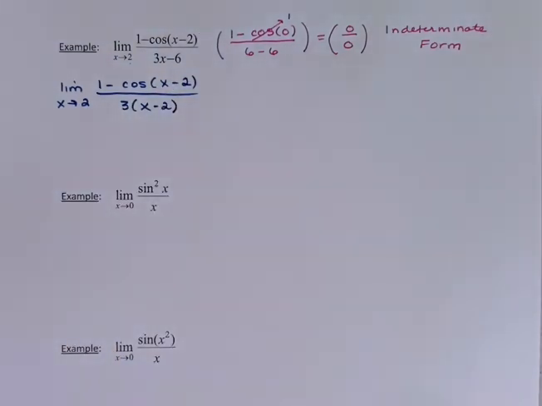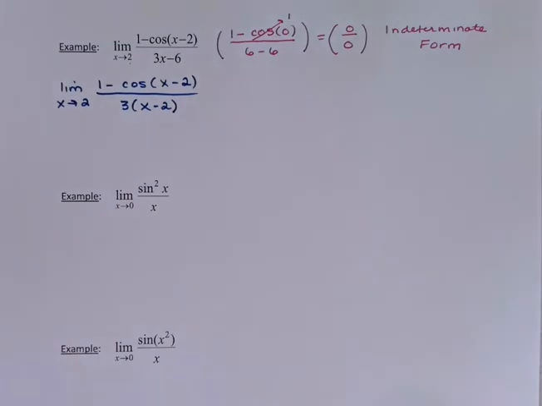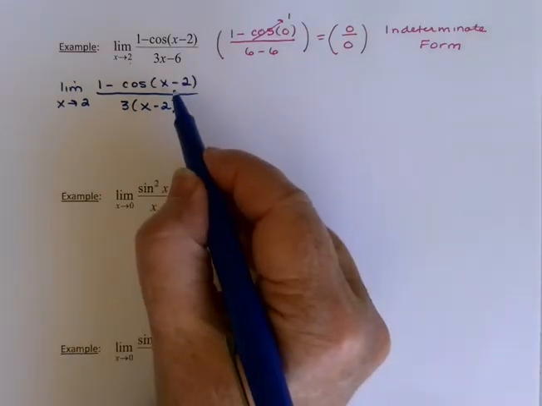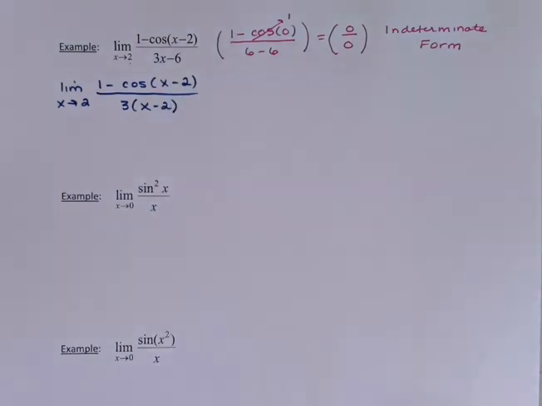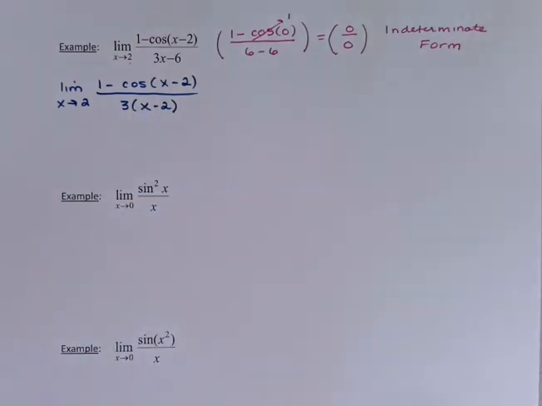Don't succumb to temptation. I would be remiss if I didn't remind you that you cannot cancel or divide out those x minus 2's. That x minus 2 is inside the cosine function. It's the argument of the cosine function. It's not available to do algebra with that denominator. So I'm stuck with this for the moment.